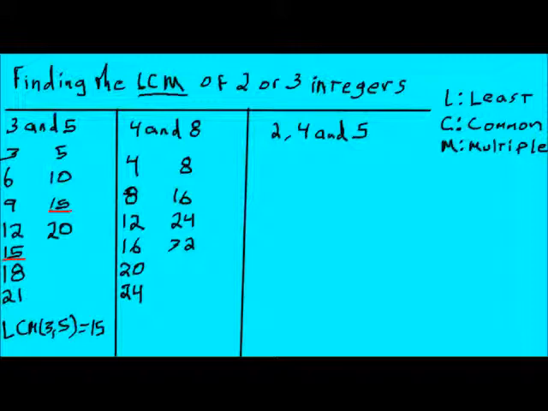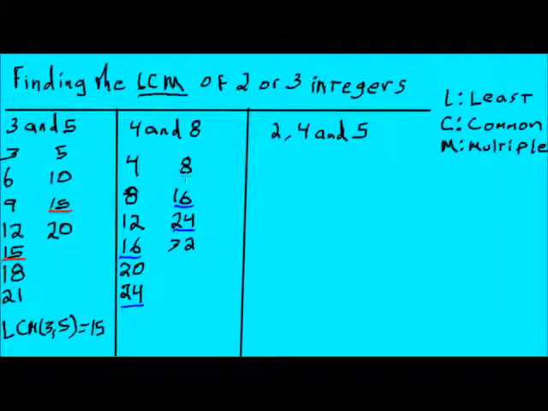Now remember, the least common multiple is the smallest multiple. If you look at the numbers that I'm underlining now in blue, 24 and 24 are common multiples, but they're not the least or the smallest multiple. Same thing here, they both have 16. So 16 and 16. Once again, those are common multiples, but not the least common multiple.